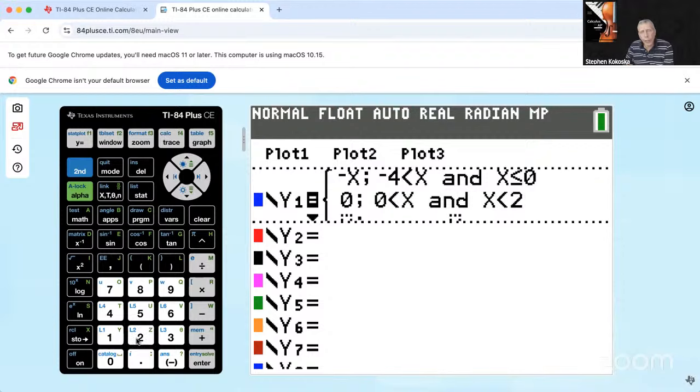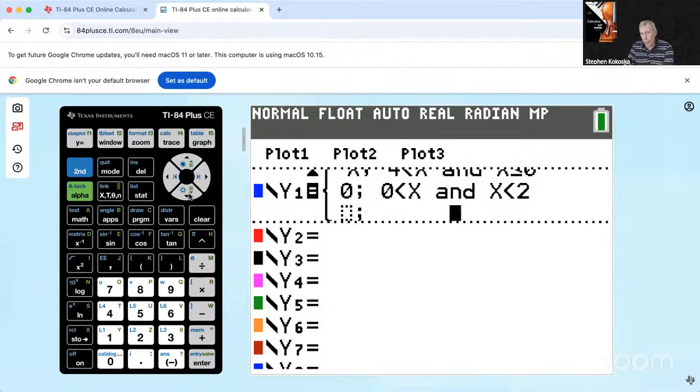Tom, one quick question while you're doing this. Maybe Curtis would know this too. If I accidentally made a mistake when I was typing in those conditions, I mean, there's a subtle one here. What if I said in that second condition 0 less than or equal to x? Does the calculator report any sort of error there when you hit enter?